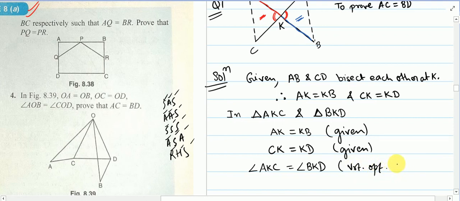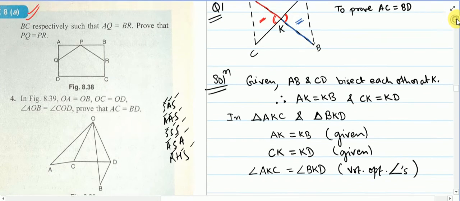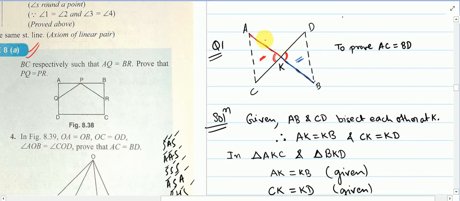Here I am writing in short angles, this is the angle symbol and then apostrophe S, vertically opposite angles. So here what do you observe? Let me draw with the same color, and this I can draw with blue.